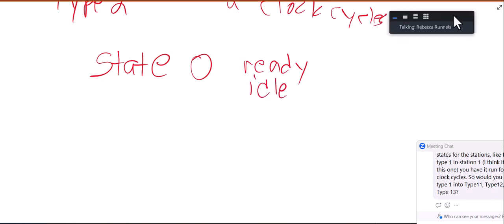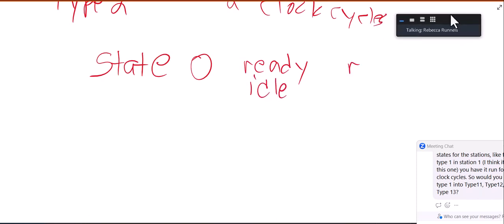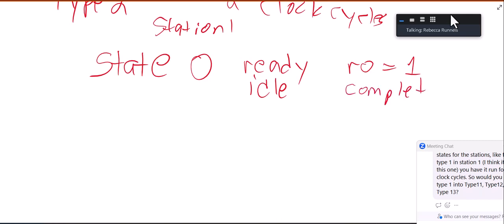That means R0, just for station 0 because station 1 is different, R0 is 1, it is ready, and it did not complete a task. So complete 0 equals 0.